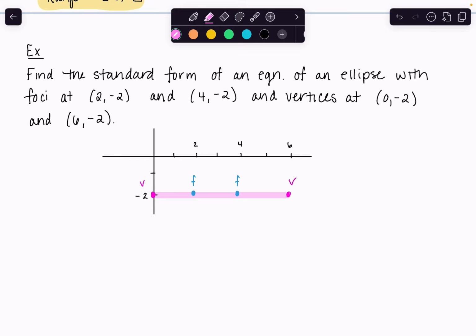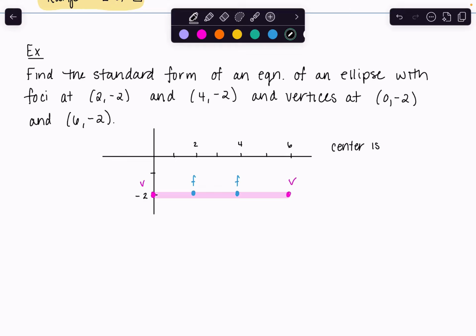So the larger value needs to go underneath x. One thing that is going to be really important is finding that center value. You can think of it 2 ways. The center has to occur halfway in between the foci, because you start from the center and go out an equal distance. Or it occurs halfway between the vertices, either way.